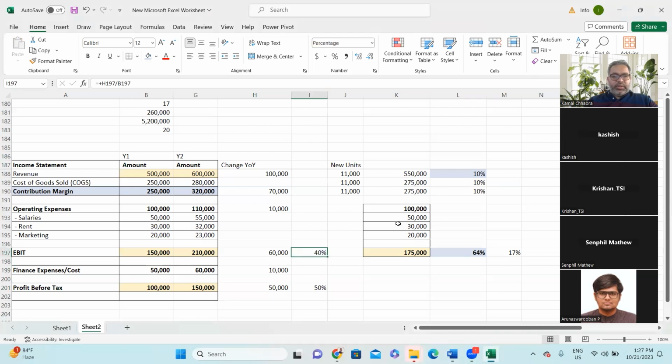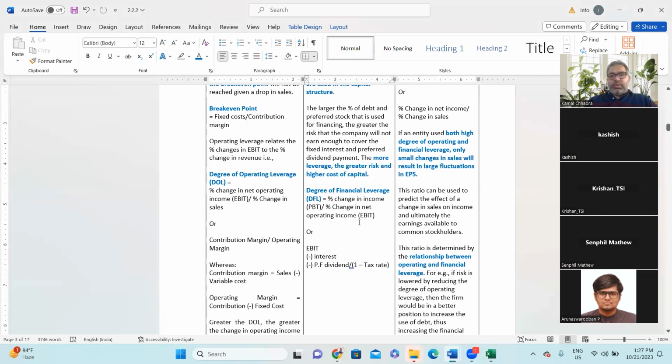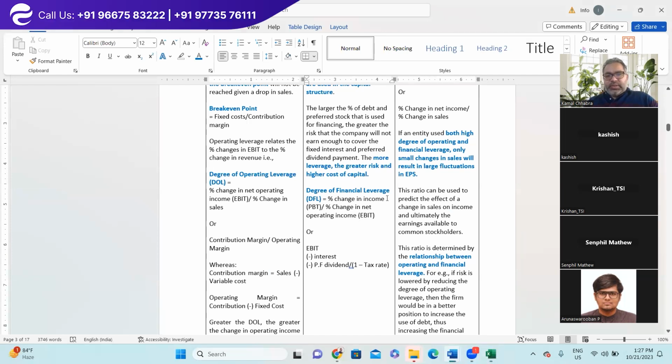What is the percentage change in EBITDA? 40%, right? So this divided by this shows the degree of financial leverage.